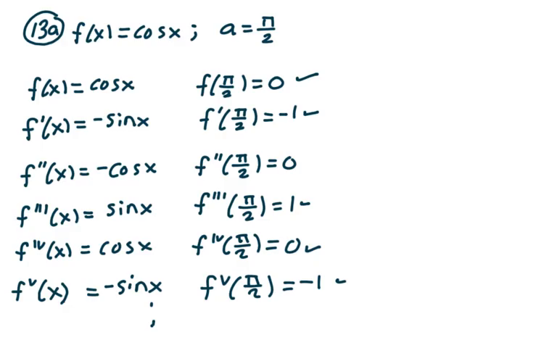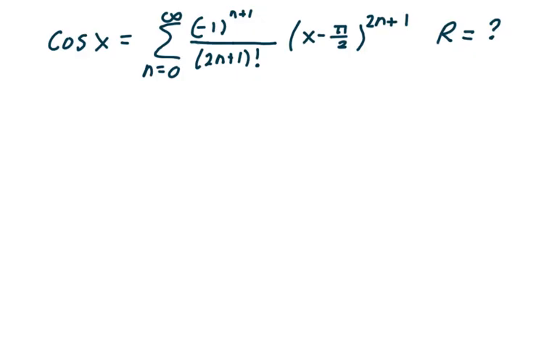Okay? And so how do I make use of that? Well, it turns out that cosine x is the summation from n equals 0 to infinity of negative 1 to the n plus 1. That'll account for the oscillating between negative 1 and 1.